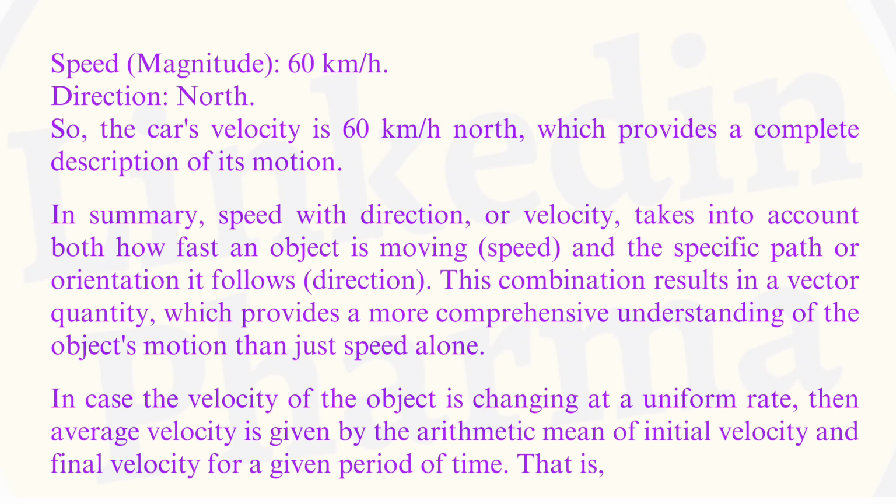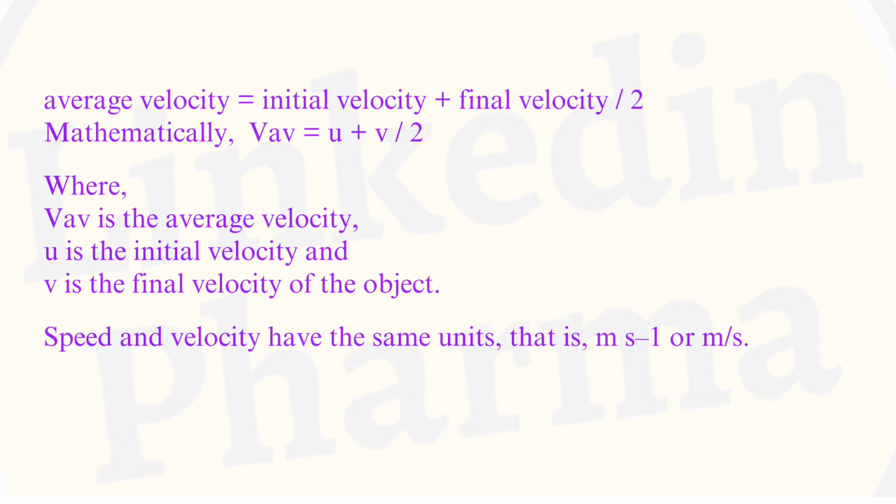That is, average velocity equals initial velocity plus final velocity divided by 2. Mathematically, v_av equals (u plus v) divided by 2, where v_av is the average velocity, u is the initial velocity and v is the final velocity of the object. Speed and velocity have the same units, that is, m s⁻¹ or meter per second.